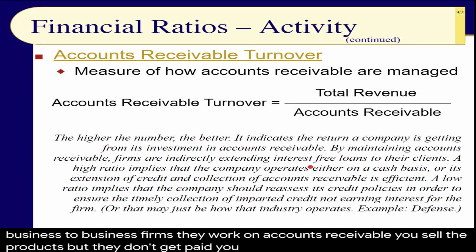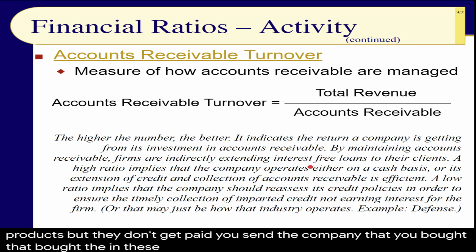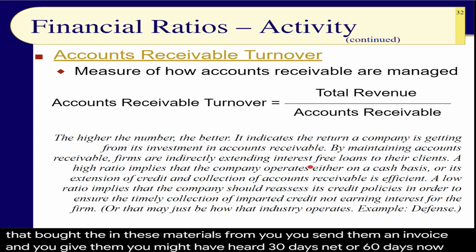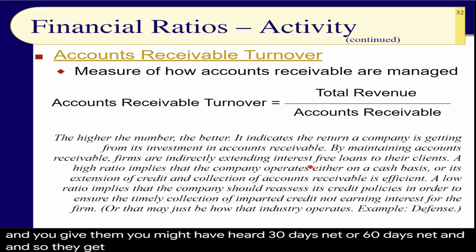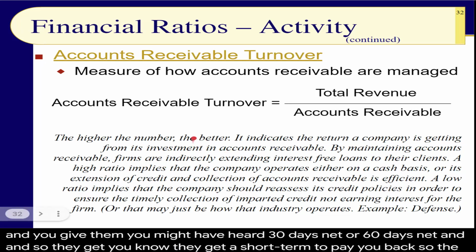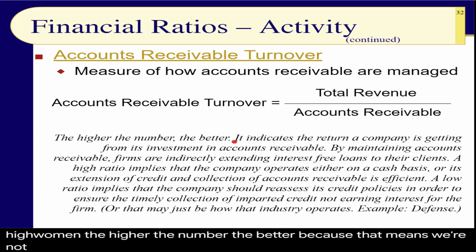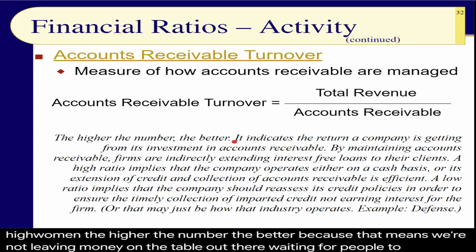You send the company that bought the materials from you an invoice. You might have heard 30 days net or 60 days net, and so they get a short term to pay you back. So the higher the number, the better, because that means we're not leaving money on the table out there waiting for people to pay us.